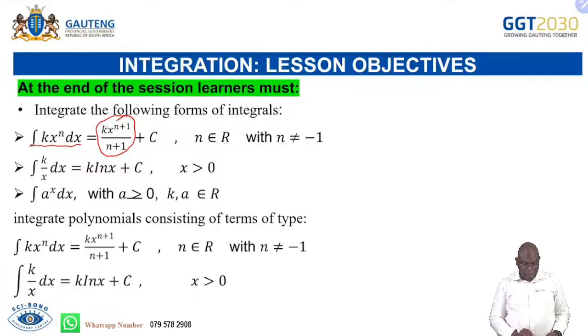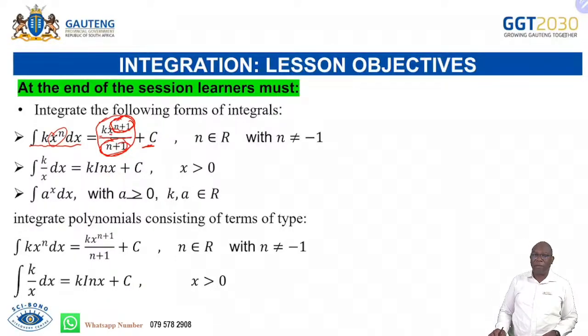The k will remain there as it is. Then for x to the power of n, we add 1, and whatever the sum is, we divide by that particular sum. So if I've got n plus 1 there, I divide the whole thing by n plus 1. I must not forget the plus c.